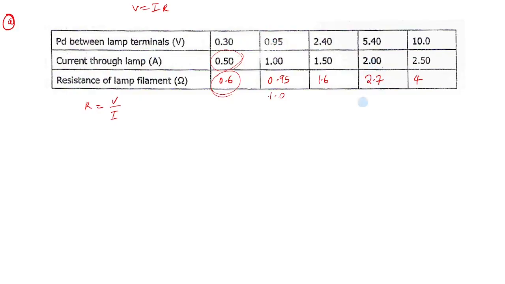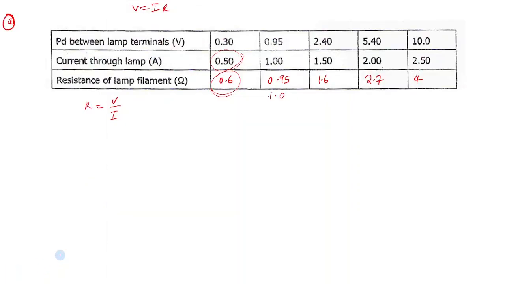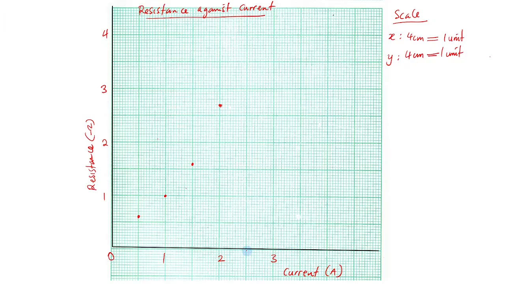So 2 is here, then this is 2.5, then 2.6, 2.7 should be somewhere there. Then I'm going to also plot 2.5, 4. So 2.5 is here, 4 is here. I will check that this is not a straight line, it is a curve.